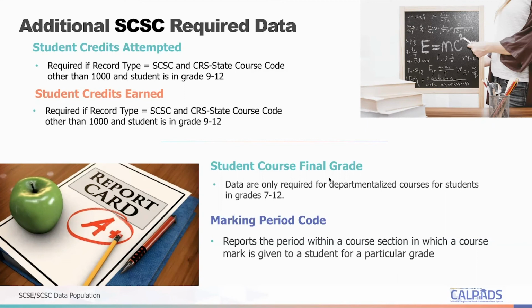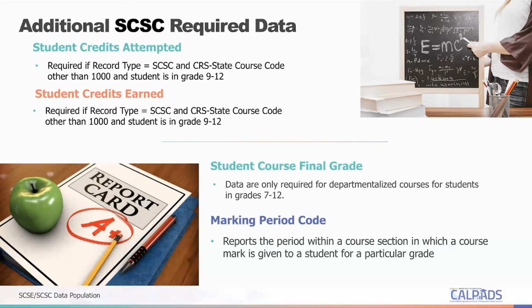The student course final grade. The final grade a student received after completing a specific course section. If no credits are issued, for example, you're using standard-based grading, then either a translation should be made to a traditional grading scheme or the courses cannot be reported.